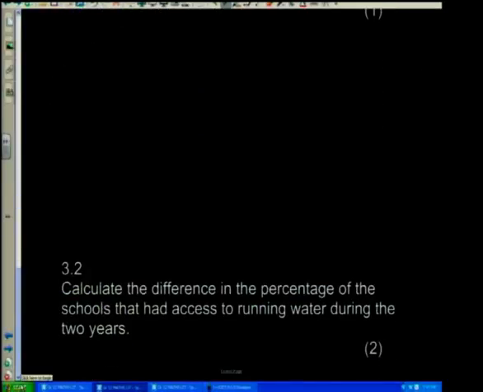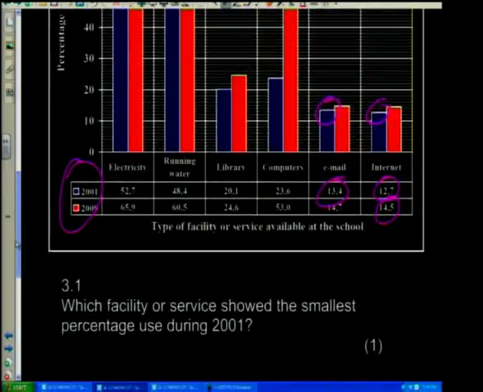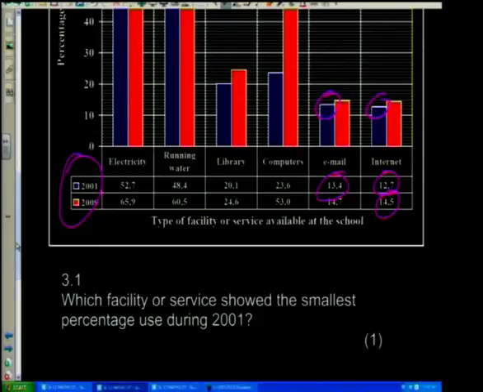All right, next one. Calculate the difference in the percentage of the schools that had access to running water during those 2 different years. So let's calculate the difference. Running water, here it is. This is what we're dealing with. So we're going to say 60.5 minus 48.4.